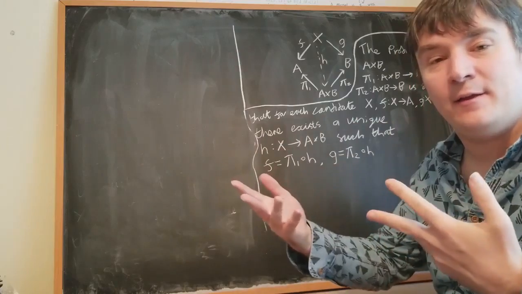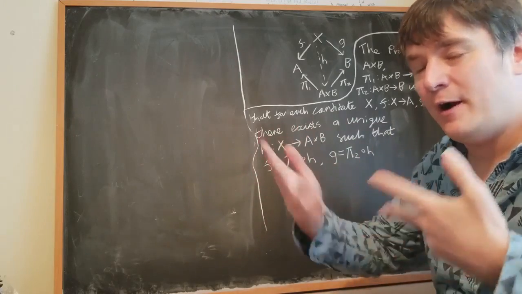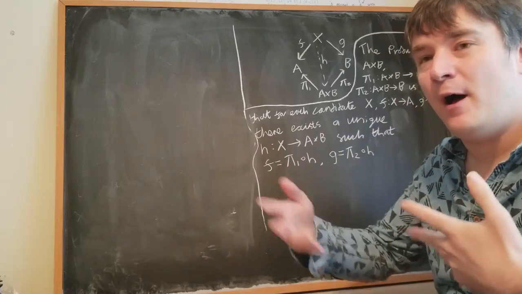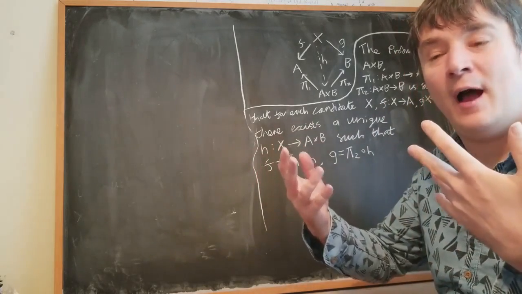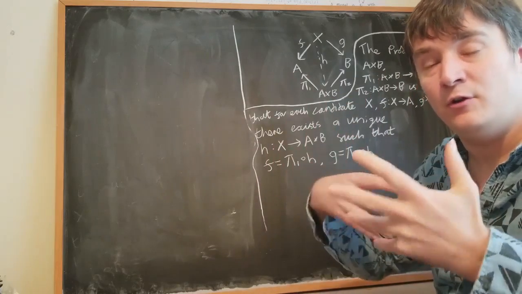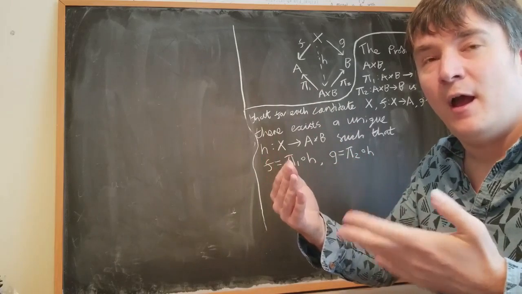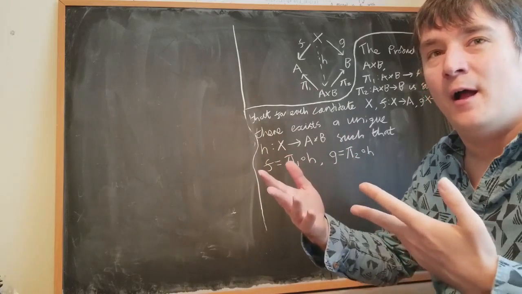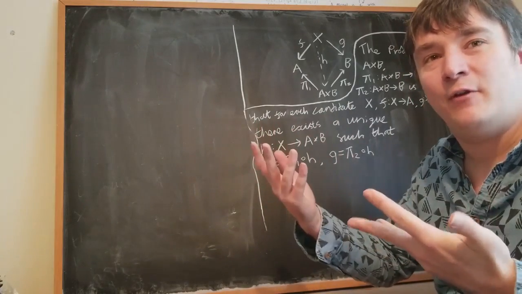Okay, so I've been claiming that this notion of duality is a very powerful one, but so far all I've got out of it is this idea of an initial object as the sort of dual notion of a terminal object. And you might say, well, I could have come up with the definition of an initial object on my own.